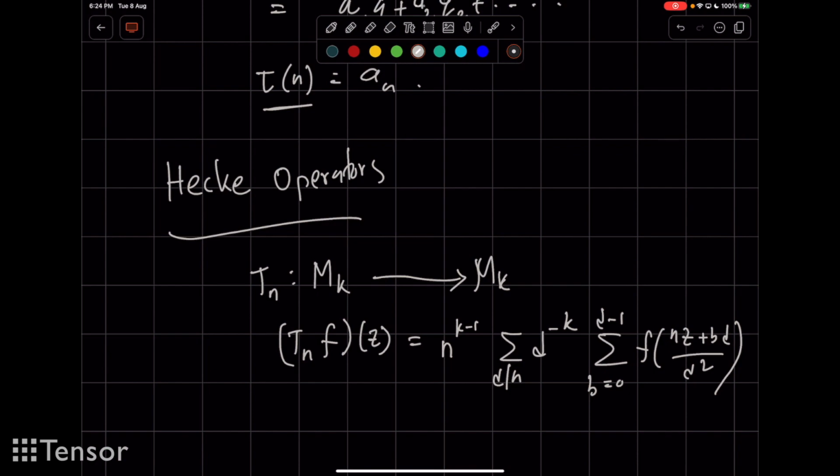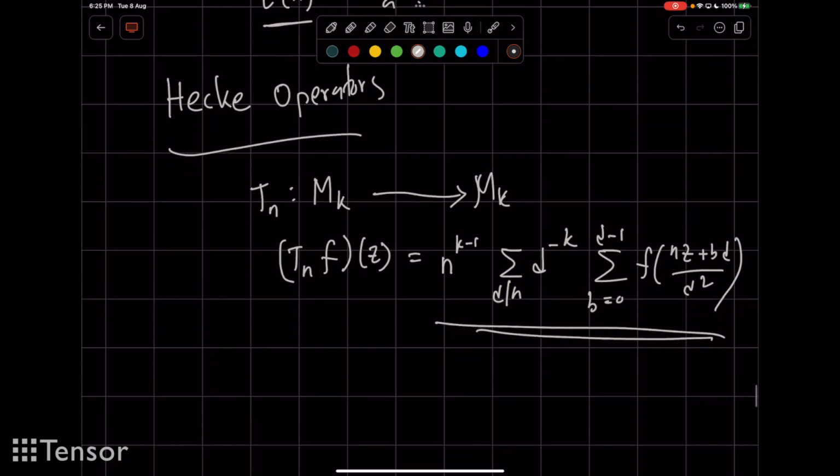Okay, so from the definition, it's clear that this is a linear map, right? But it's not very clear that this function we get on the right hand side is a modular form. It's not very clear from the definition, right? So we are going to prove that this is a modular form.